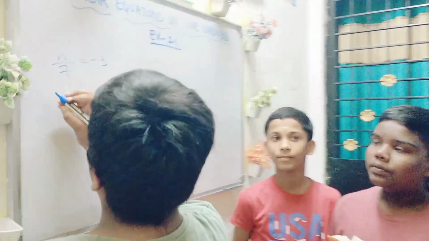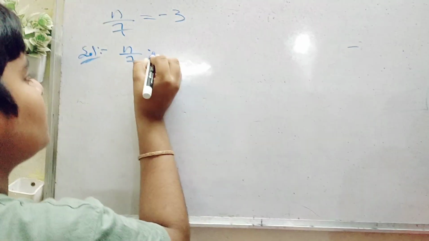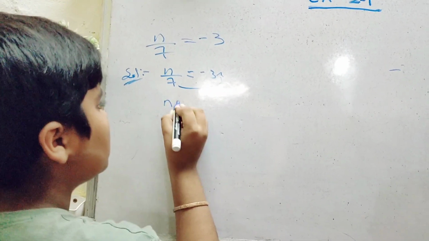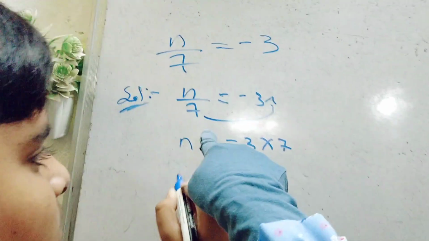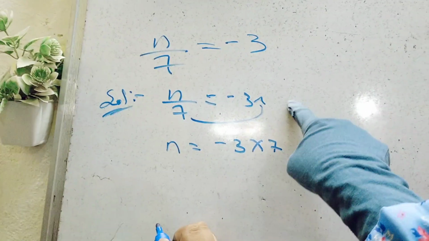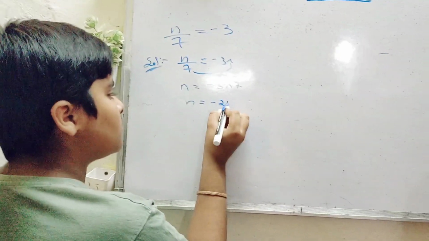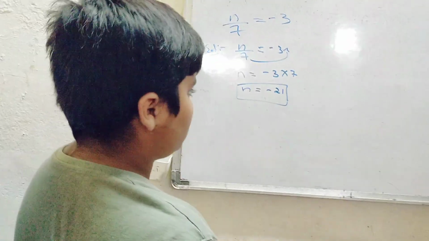So n is equal to minus 3 into 7. See kids, here it is division, right? When you transpose it, it becomes multiplication. So n is equal to minus 21. Is it correct, kids? Very good. Please clap for Manoj.